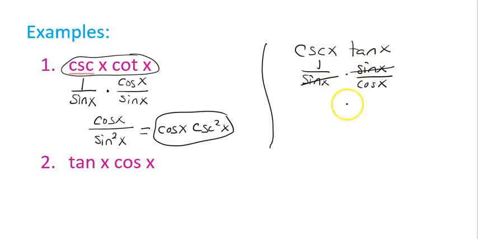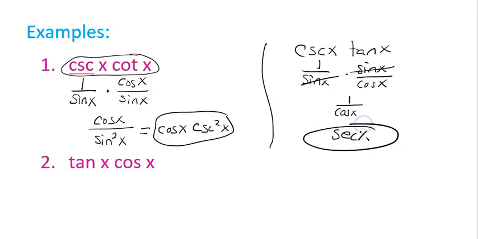That leaves me with 1 over cosine, and 1 over cosine is the same thing as secant. And so that is a one-piece answer compared to a two-piece problem, and it's simple. Okay, that was the goal, and again, I apologize, but this is how it would have worked on 1 if that had actually been the problem.